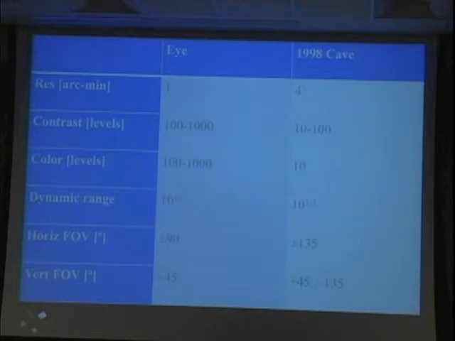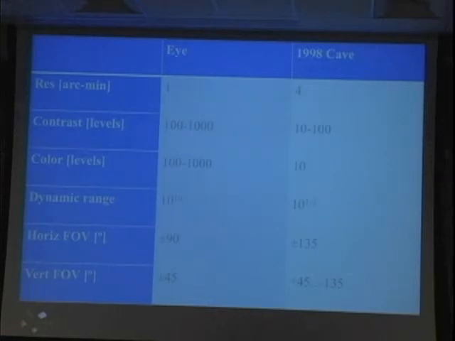The other thing that I think is interesting to call out about our visual system and these displays is their field of view, so how much we can see. In this case, a person can see about 90 degrees plus or minus horizontally, and about 45 degrees plus or minus vertically. I'm sort of going to where my hands disappear from what I can see when I stare straight ahead.